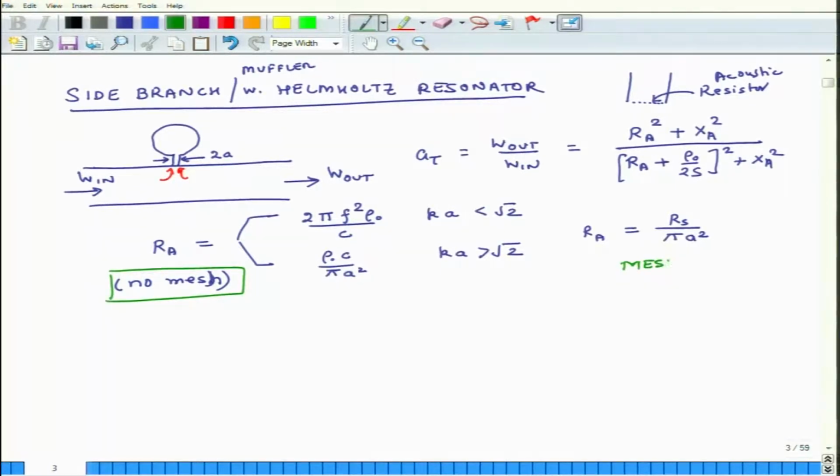This is the situation when mesh is present. And what is RS? RS equals specific acoustic resistance, and people have calculated the value of RS for different sizes of mesh. So, I will give you the values of RS and mesh size.